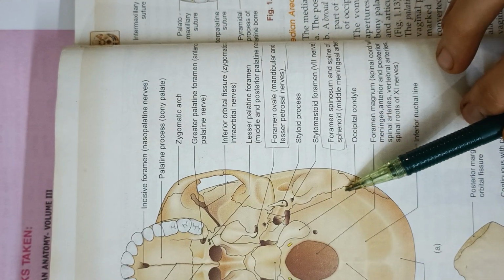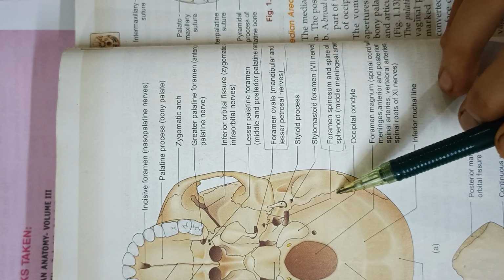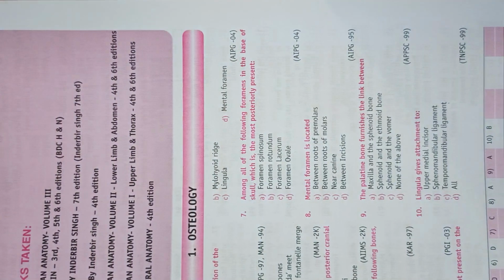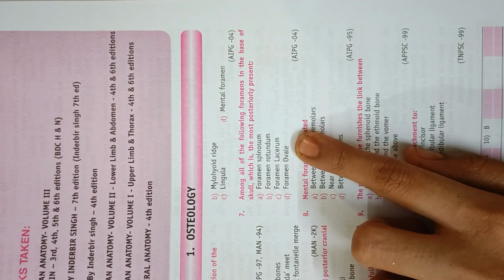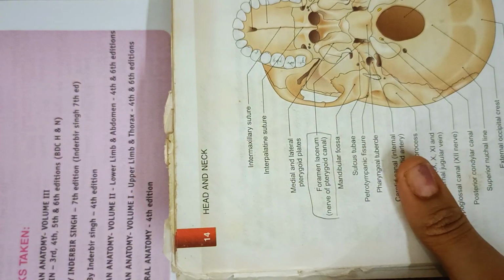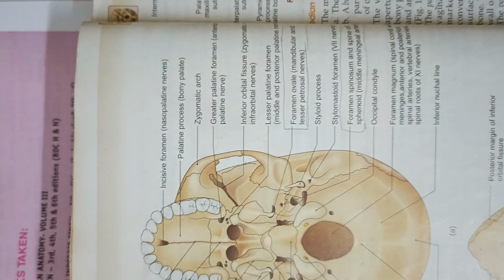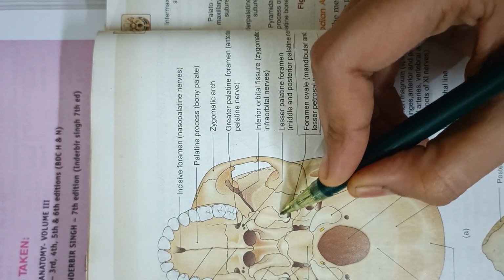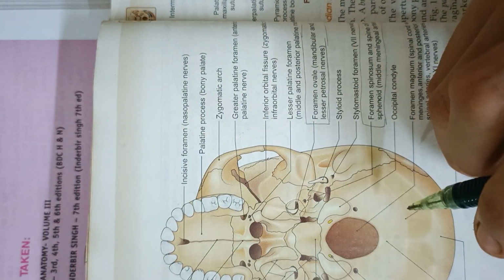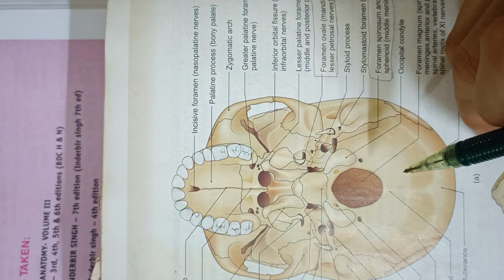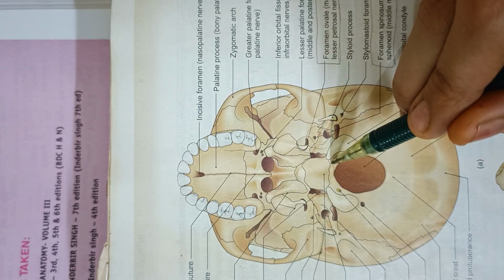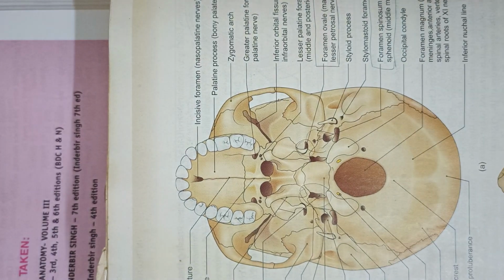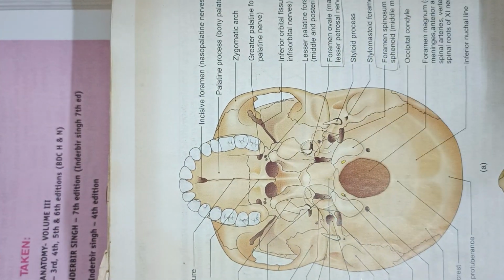Foramen spinosum is present over here. So this is foramen spinosum. Foramen ovale and rotundum. Can you see? This is foramen ovale. So this is present here. And foramen lacerum, which is the correct answer for this MCQ, is here. This is foramen lacerum. So this is the most posteriorly present foramen.